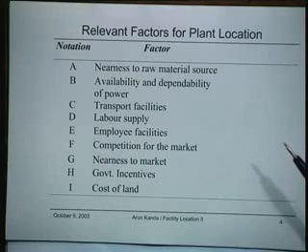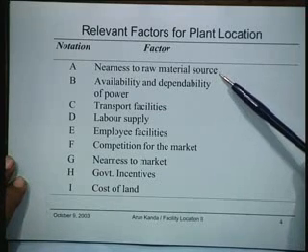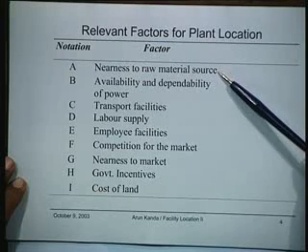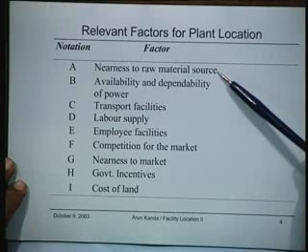After a series of discussions with the management, it was found that the factors that need to be considered are: A, nearness to raw material source. Obviously, the nearer you are to the raw material source, it would cut down on costs of transportation, and it would also be easy to get your raw materials.